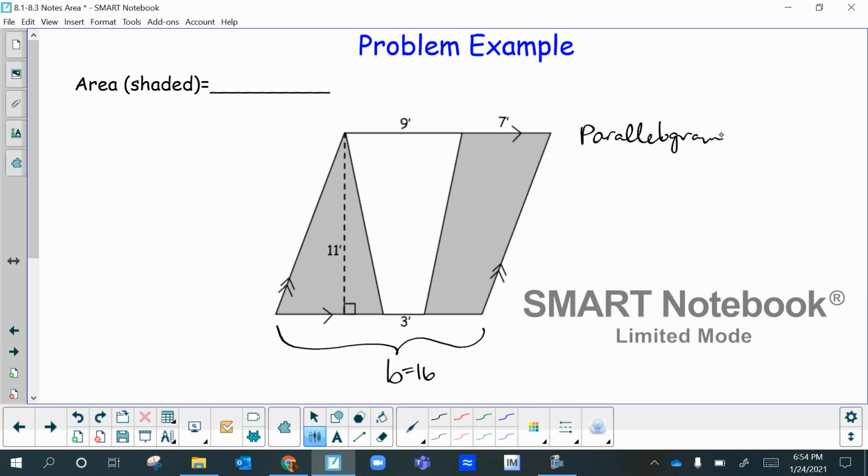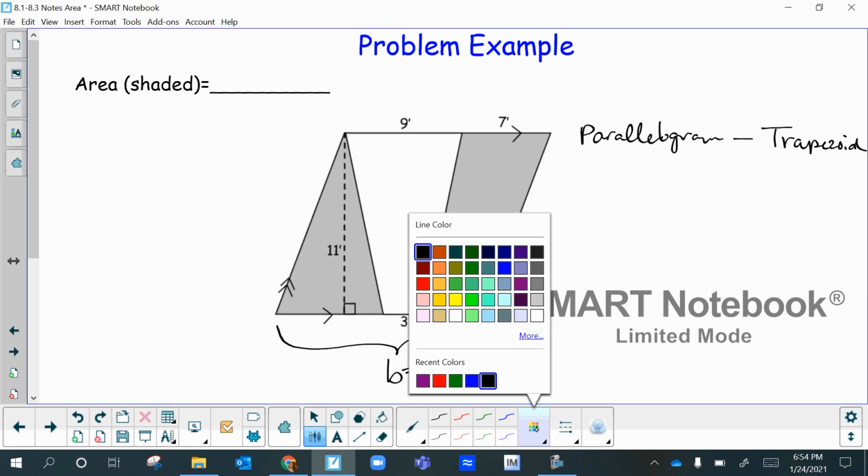then all I have to do is find the area of that shaded white area, which is what that looks like. Well, if opposite sides are parallel and these are different, then that means it's a trapezoid. So I'm going to take the parallelogram area and minus the trapezoid. Okay, so let's find the parallelogram first.